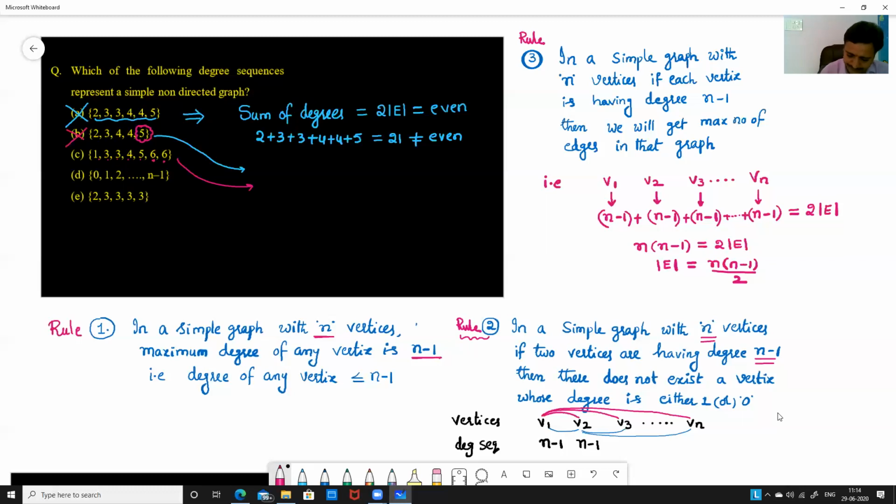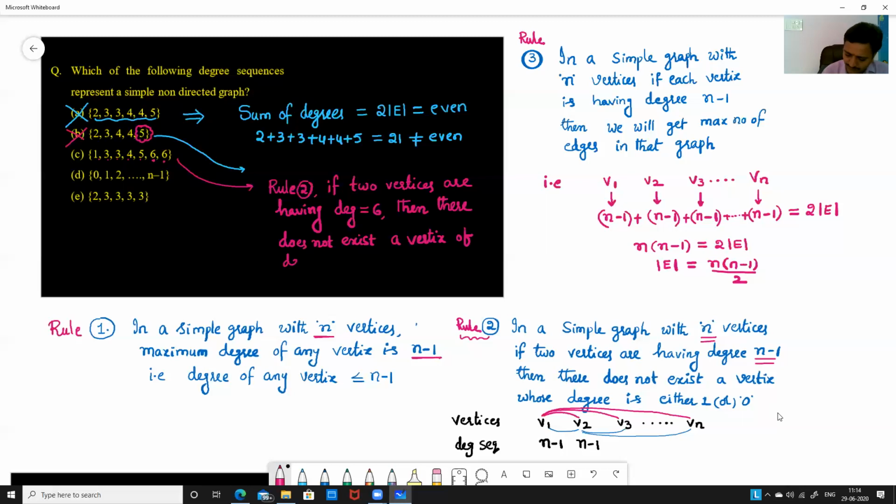So by using rule number 2, if 2 vertices are having degree 6, then there does not exist a vertex of degree 1.